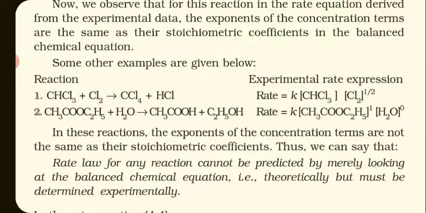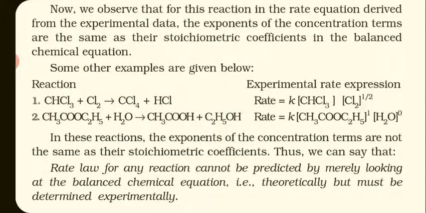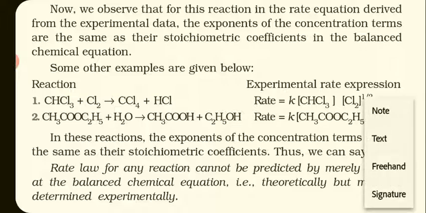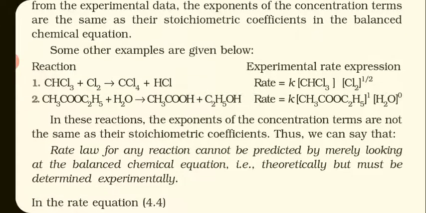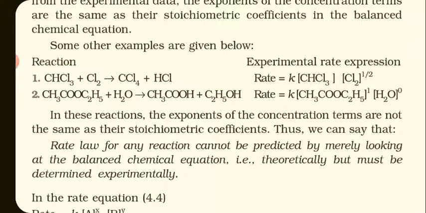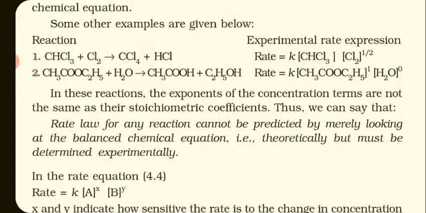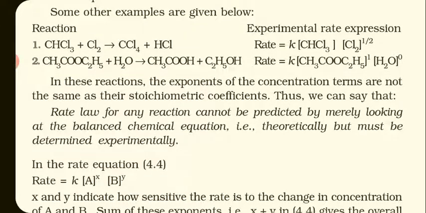Now we can see that for the above reaction, the rate equation derived from the experimental data has exponents of the concentration terms that are the same as their stoichiometric coefficients in the balanced chemical equation. But some other examples are given below.